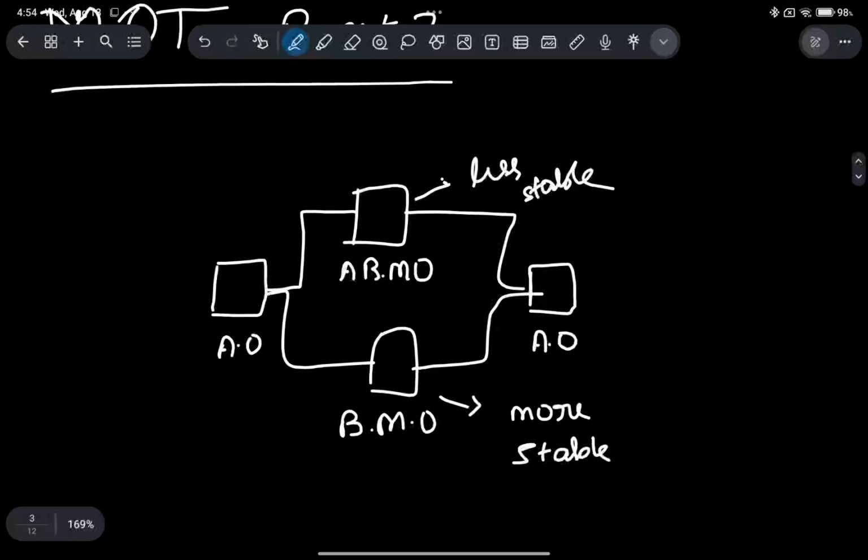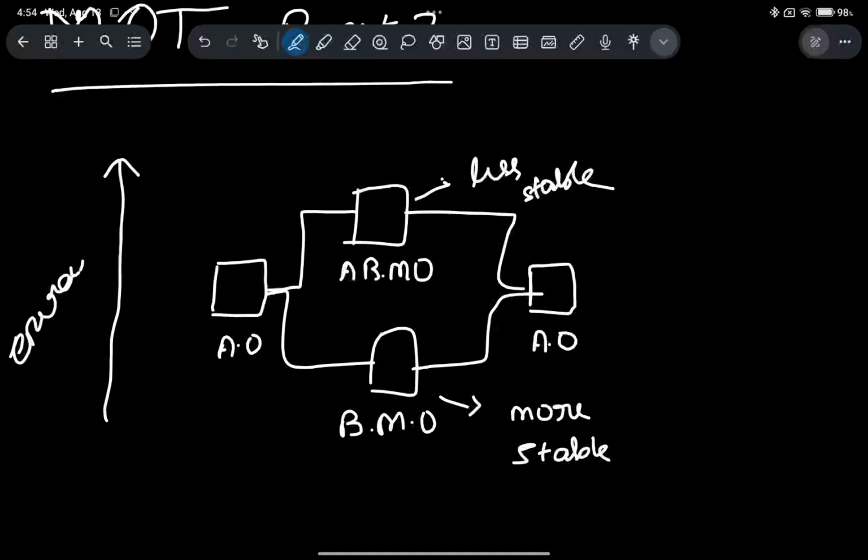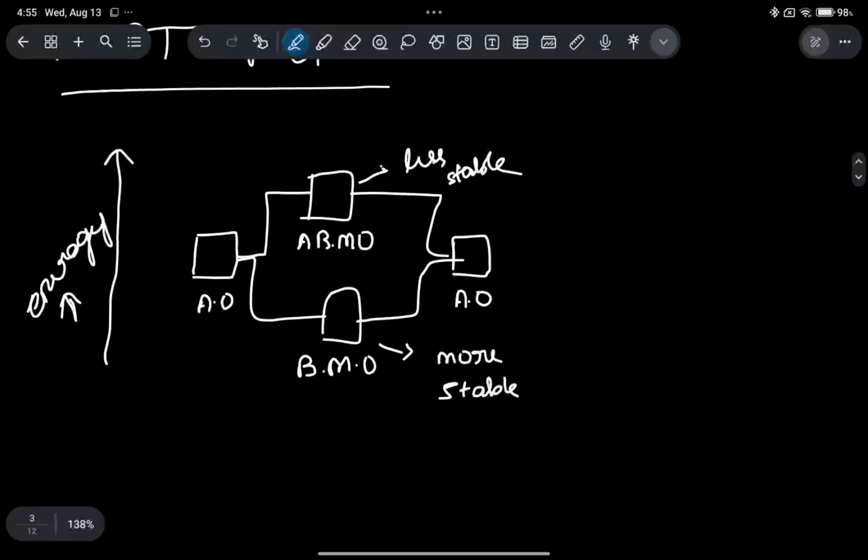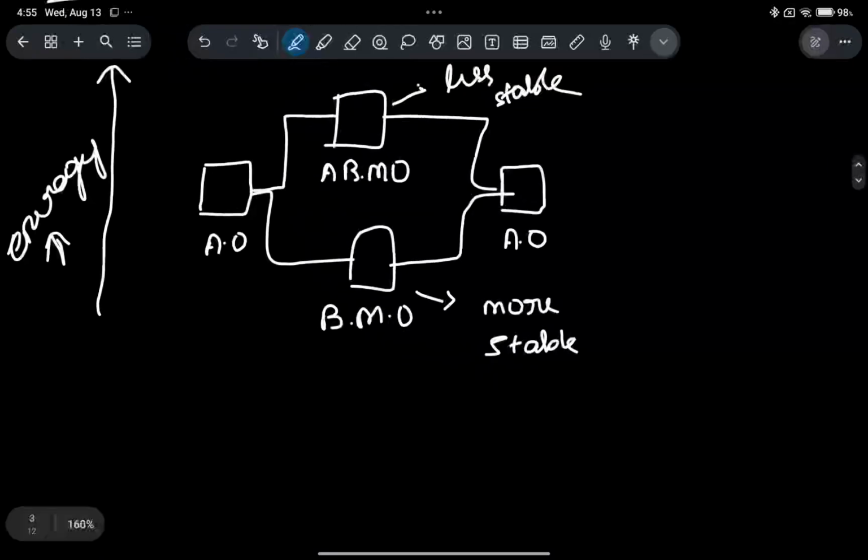So from bottom to top, energy increases like this. Energy increases from bottom to top, as the anti-bonding molecular orbital has more energy but is less stable, but the bonding molecular orbital is more stable but has less energy.